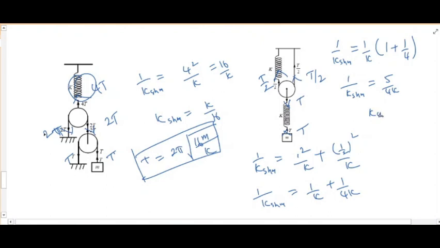Therefore K SHM is equal to 4K by 5. Therefore time period T is equal to 2 pi into square root of m by K SHM. Here K SHM is 4K by 5. This is 5m by 4K. Like this we can find out the time period.